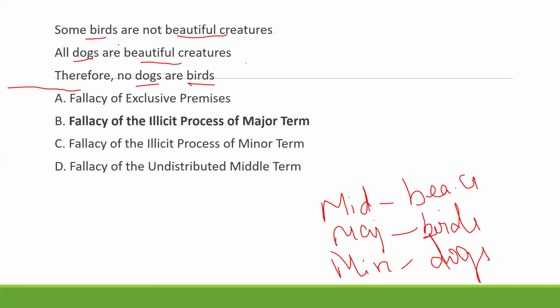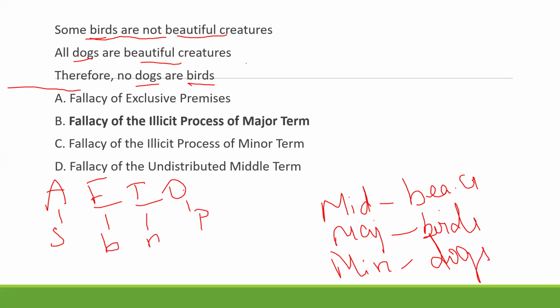First, some birds are not beautiful creatures. Recall A, E, I, O: A means subject distributed, O means predicate distributed. This is an O type. O type means the predicate is distributed, so beautiful creatures is distributed. Beautiful creatures is the middle term, so in the first line the middle term is distributed, not the major term.